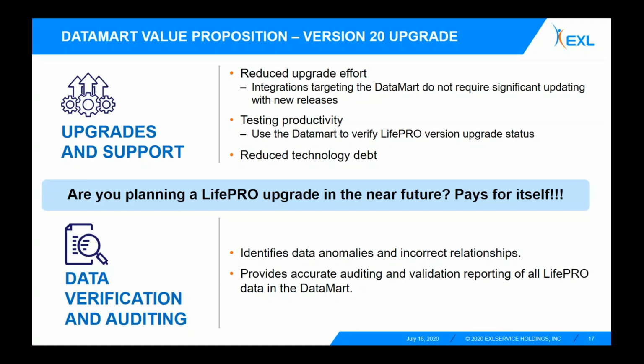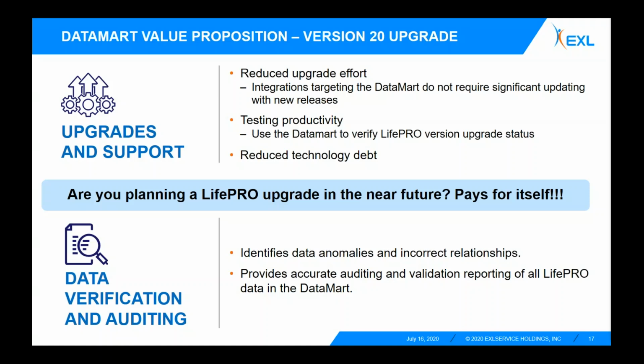So, one of the other features that we've noticed with the DataMart, and one of the reasons why we see it as extremely beneficial for our clients, is that it identifies every data anomaly in your database and any incorrect relationships.